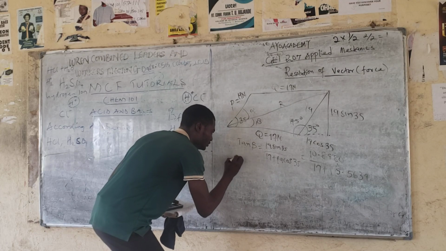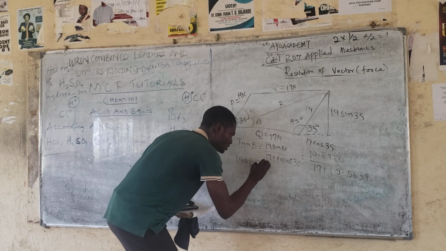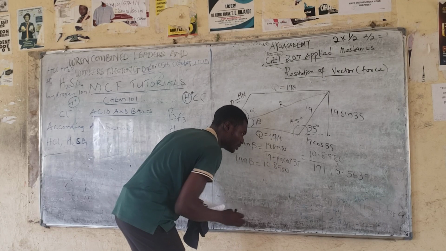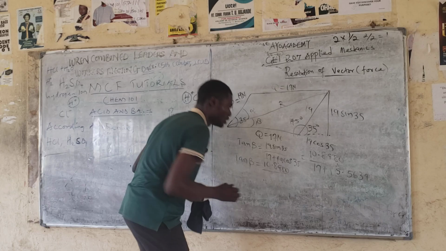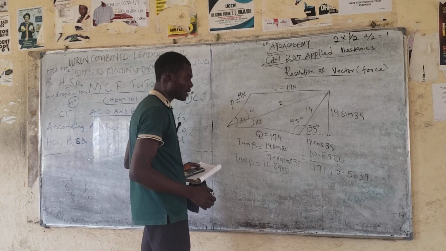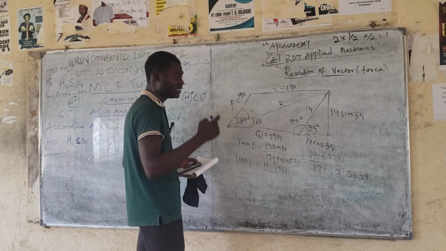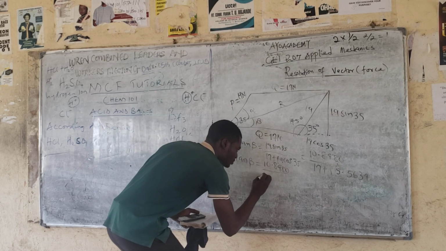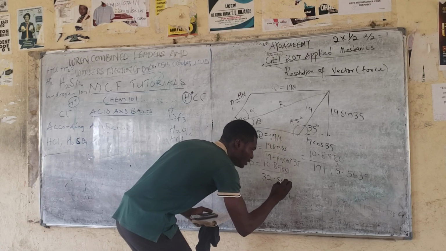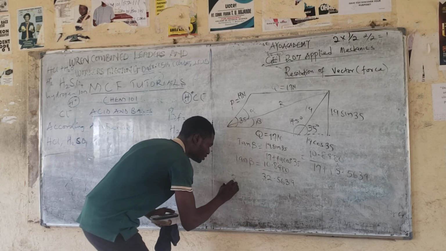So we have tan beta equal to 10.8980 over 32.5639. When we add this together, it gives us 32.5639.